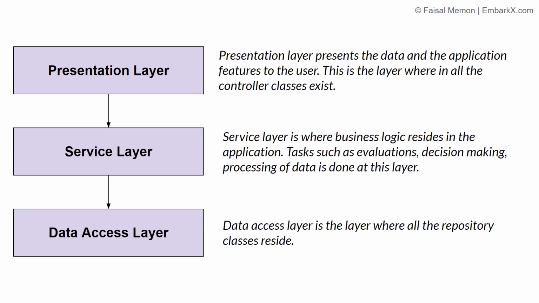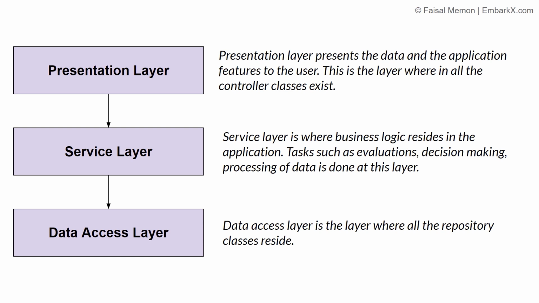Now, what is the data access layer? The data access layer is where all the repository classes reside, and these repository classes are responsible for interacting with the databases, performing operations to read, retrieve, and save data.